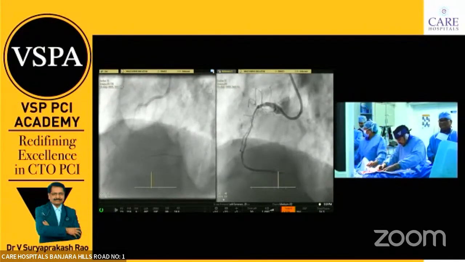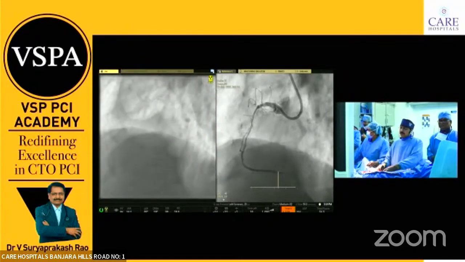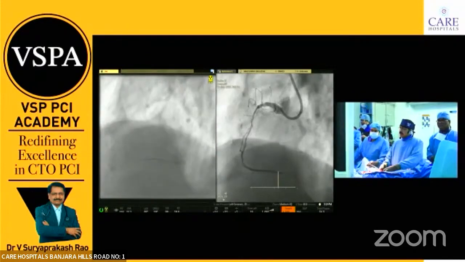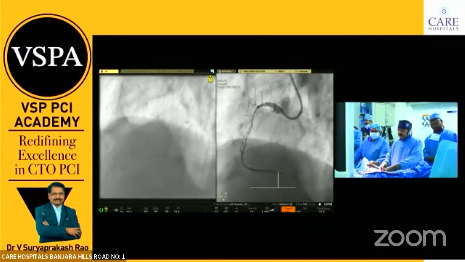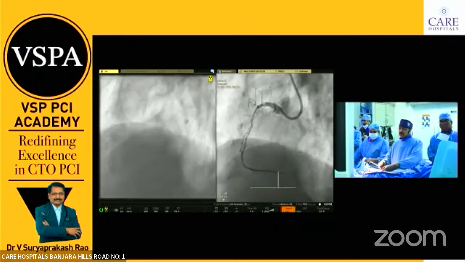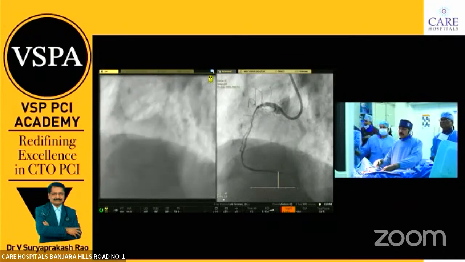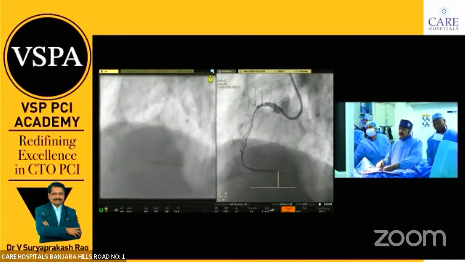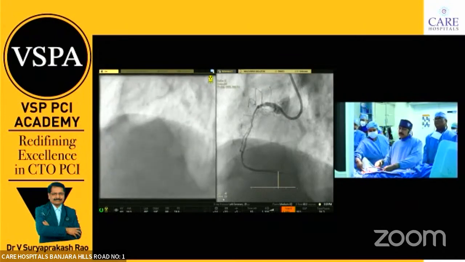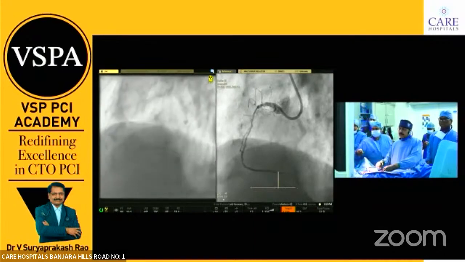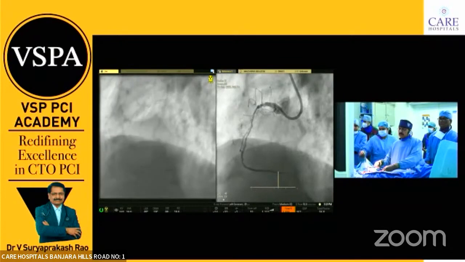Once I engaged the guiding deeply, I could manipulate the wires in this case. That was actually the success in the last attempt, when I was thinking about searching for another collateral, or doing a knuckle and a distal re-entry. At that time I just deep-throated the guiding, which gave more support to manipulate the wire better.